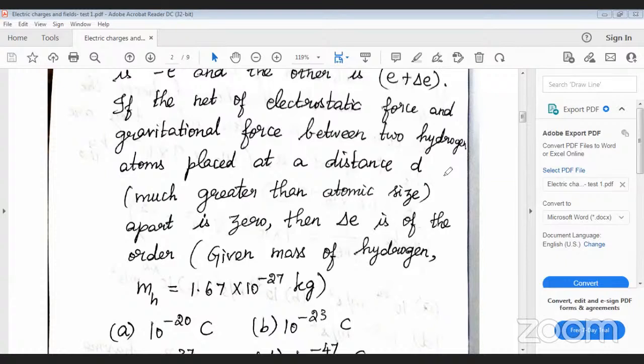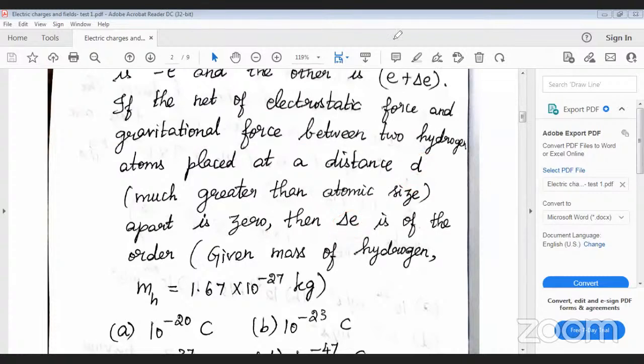So in this question, they have mentioned that the net of electrostatic force and the gravitational force between the two hydrogen atoms is 0. They are placed at a distance d. Then what is the order of this delta E? This is what they have asked.